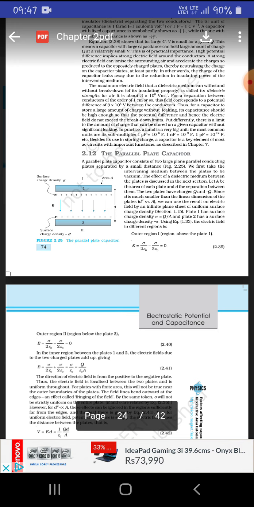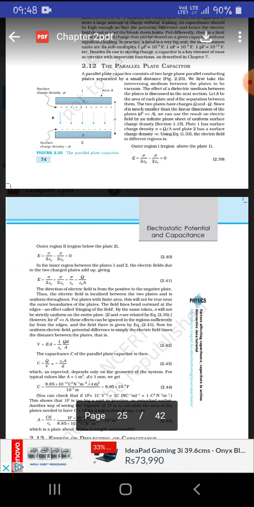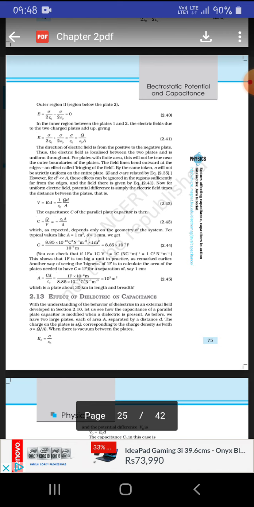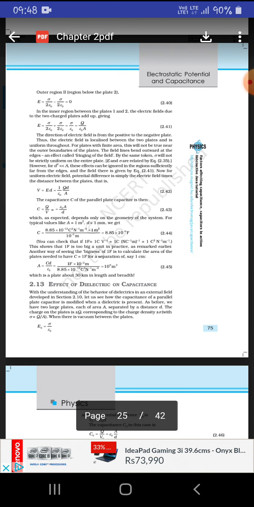As you learnt in part 1, E is equal to sigma by 2 epsilon 0, and sigma is Q by A, and V is equal to E d, which is Q d by epsilon 0 A. So C is equal to Q by V, which is equal to epsilon 0 A by d. When you put in this formula and solve, you get the answer.